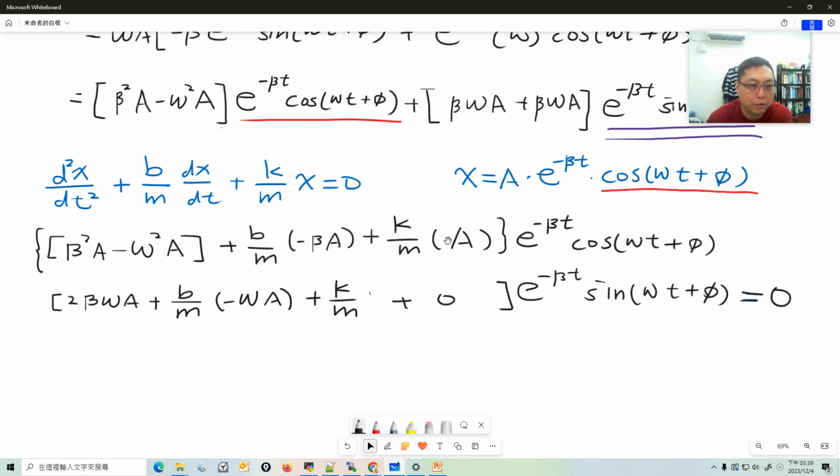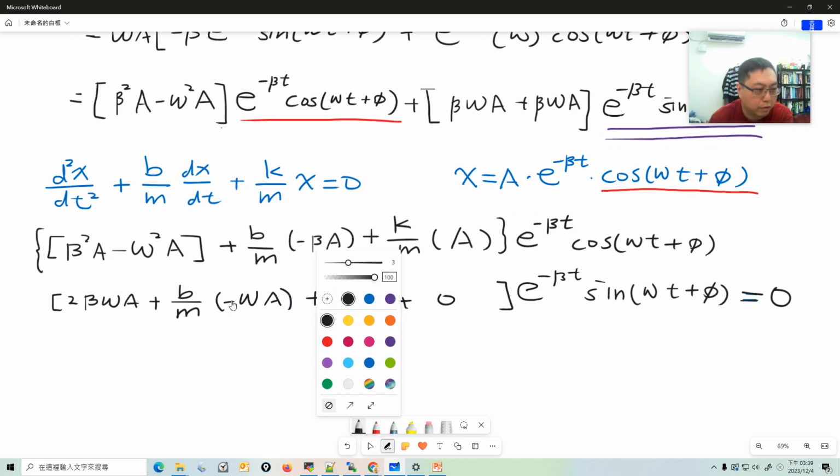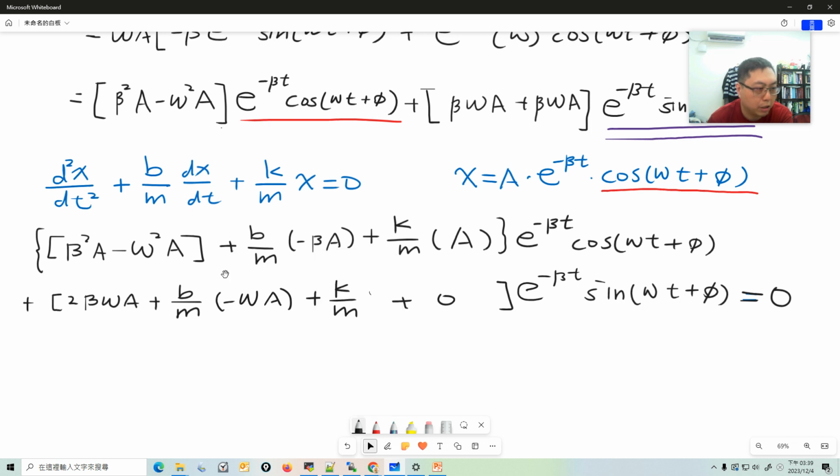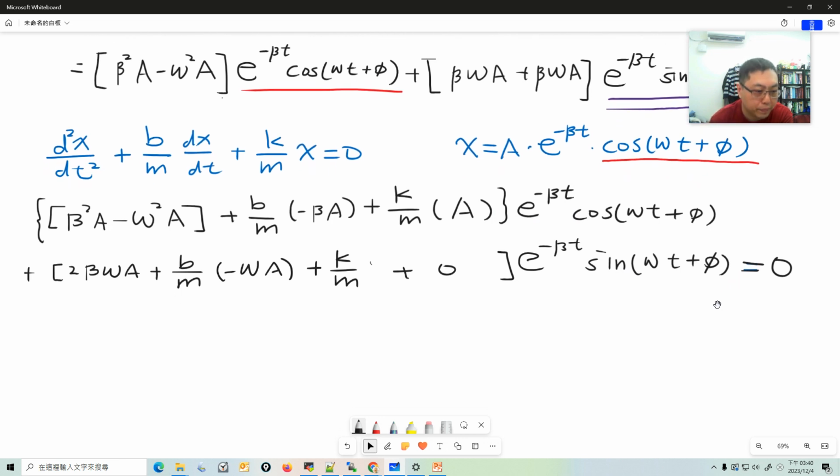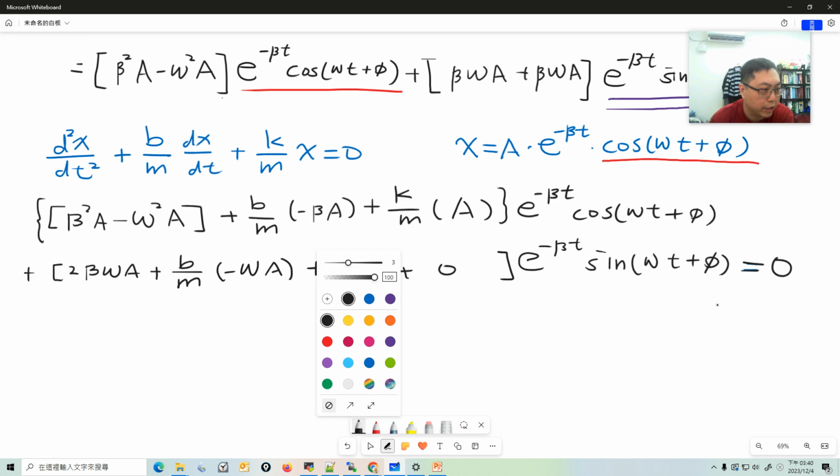This is just a number times exponential minus beta t cosine of omega t plus phi, plus a constant times exponential minus beta t times sine of omega t plus phi. Adding these two terms together must equal 0. There's only one situation. We can validate this equation.